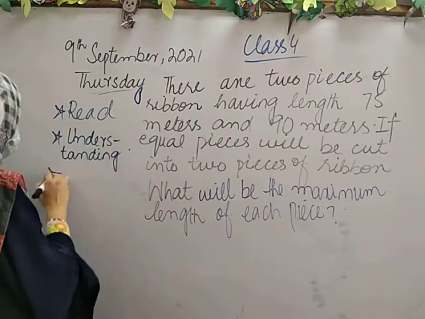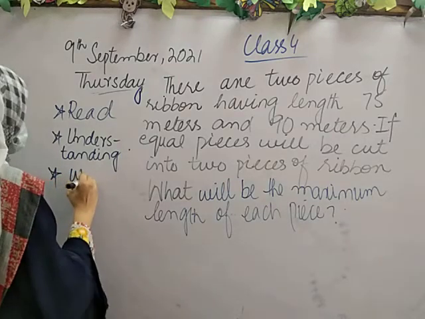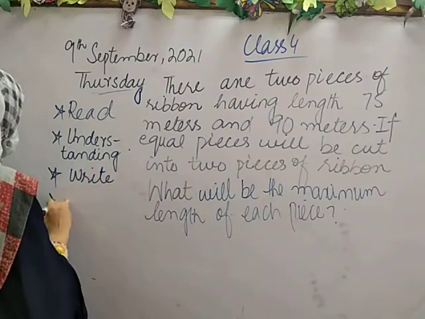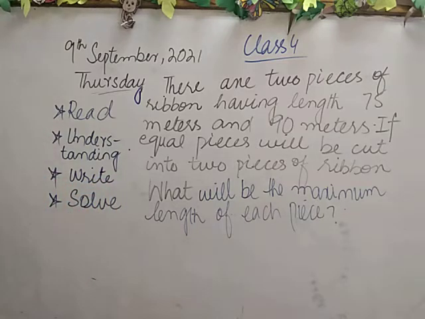Okay. Now the next instruction of the word problem is, read भी हो गया, understanding भी हो गया. The next is to write. Now in the end we have to solve. Now class, according to the instructions, number 1 instruction of a word problem is to read.